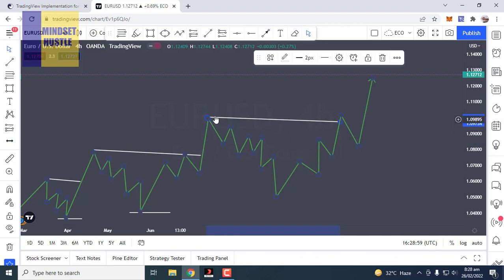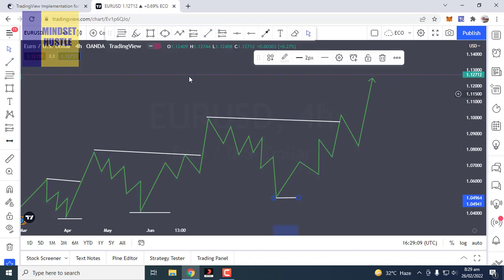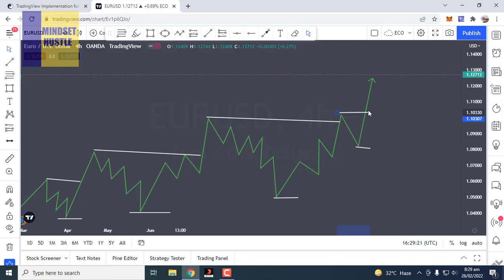Okay, so here you can see this high here was also taken out. That means structure was broken. All right, and here is its low before market went up, formed this high here, then made a pullback, and then this high here was taken out as well.